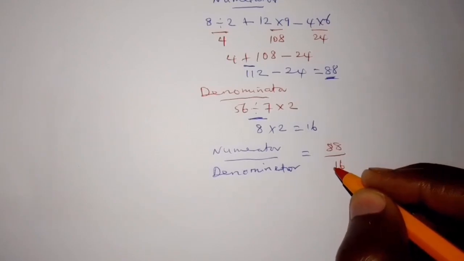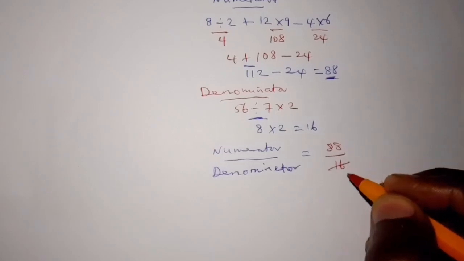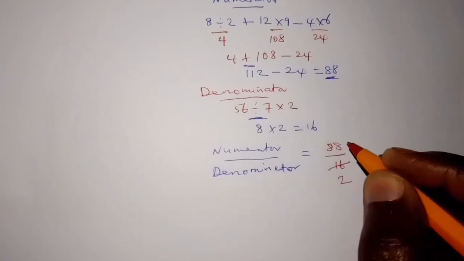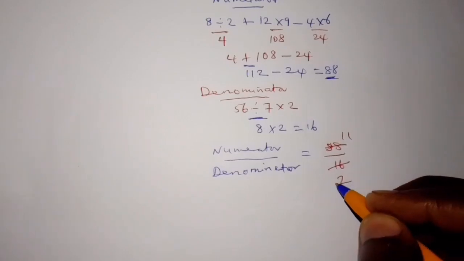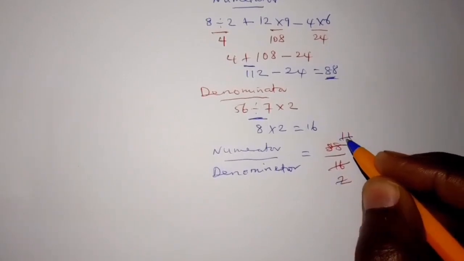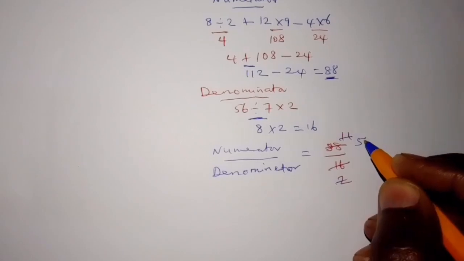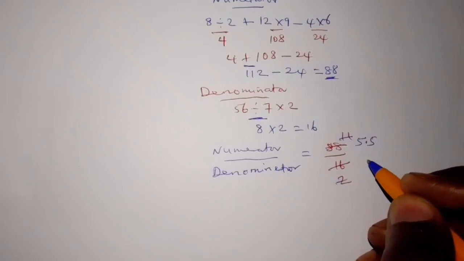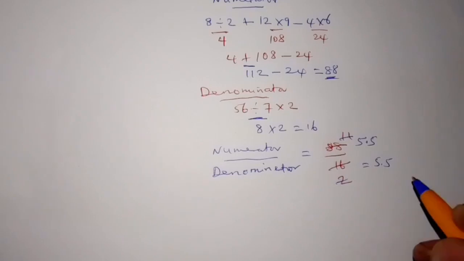When we divide 88 by 16, 8 goes here, 2 times 8, 11. 2 goes into 10, 5, point, into another 10, 5. So our answer is 5.5.